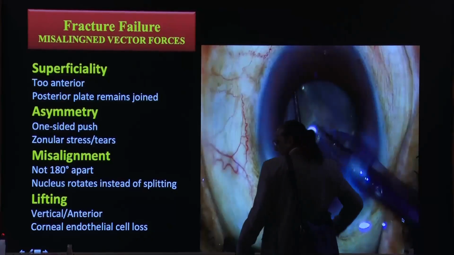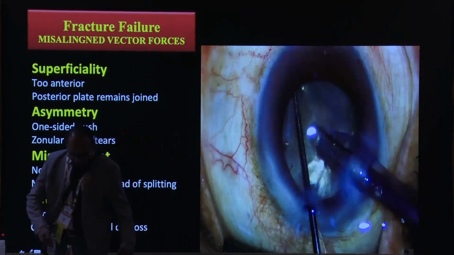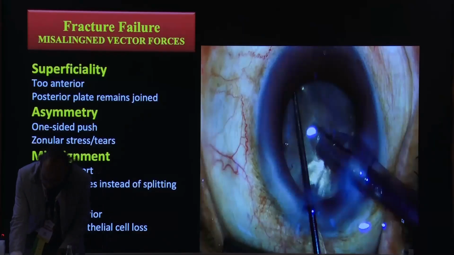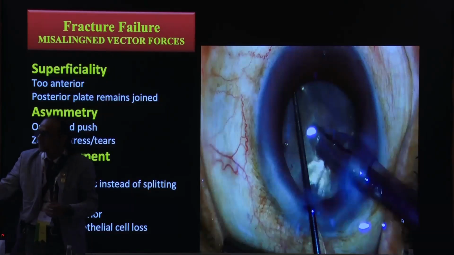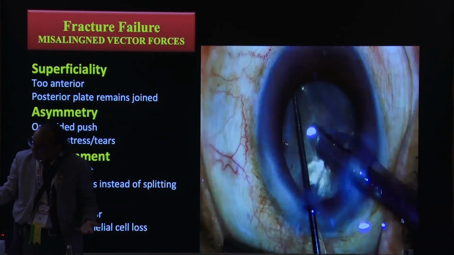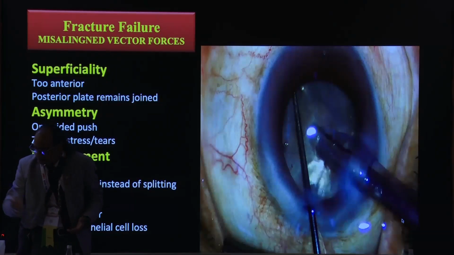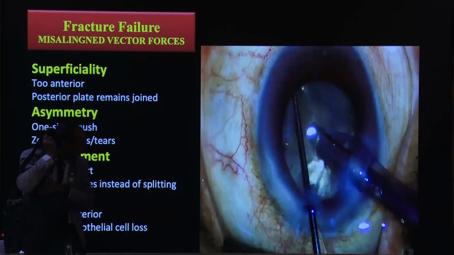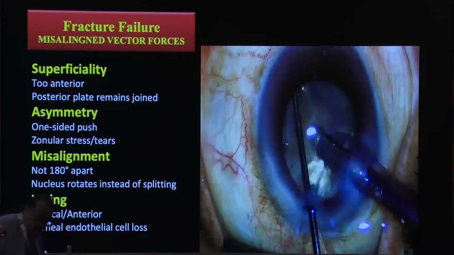How could the vector forces be misaligned? Either your penetration of the phacoprobe is very superficial, or there is asymmetrical manipulation of the phacoprobe and the chopper, or there is a misalignment of these two instruments, or you are lifting too much, and then also you may not get the fracture.